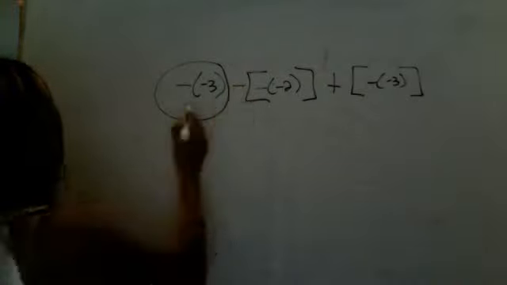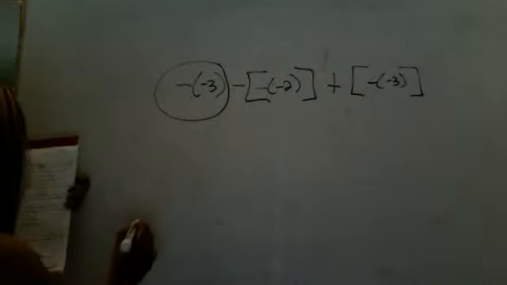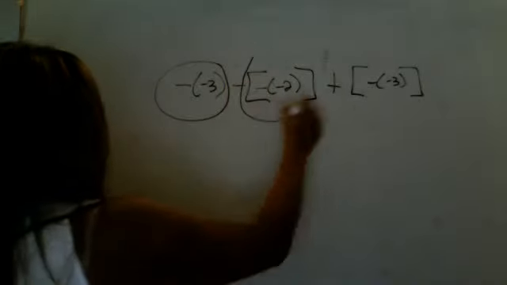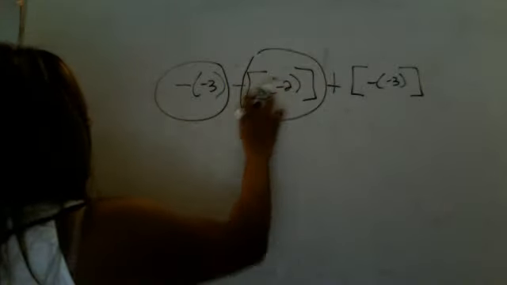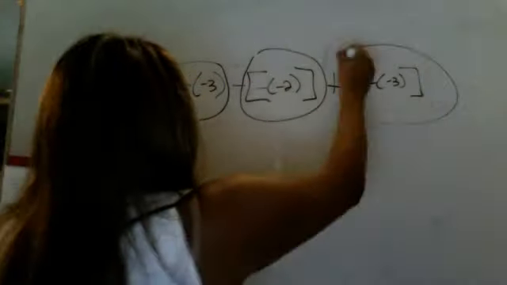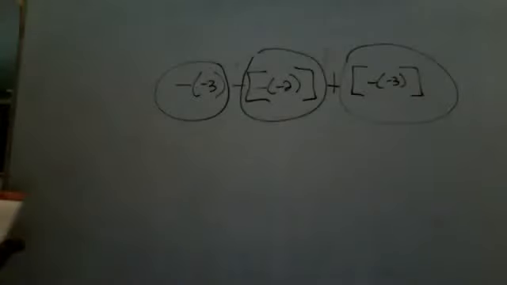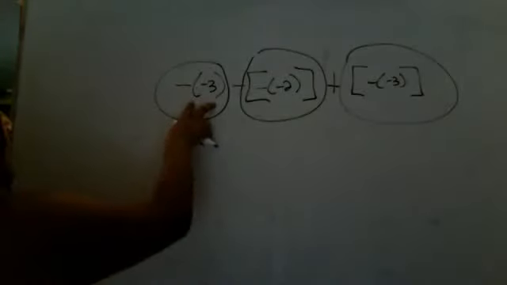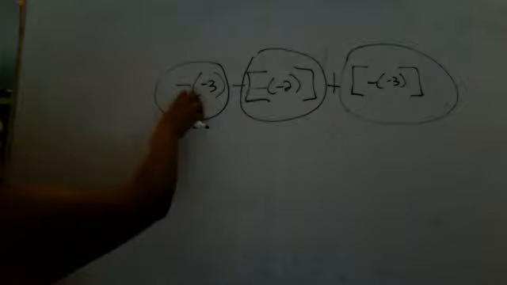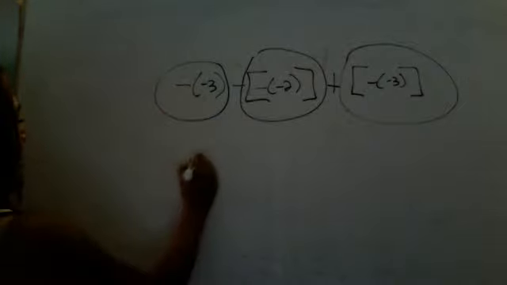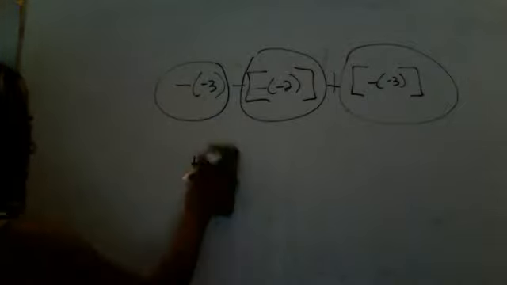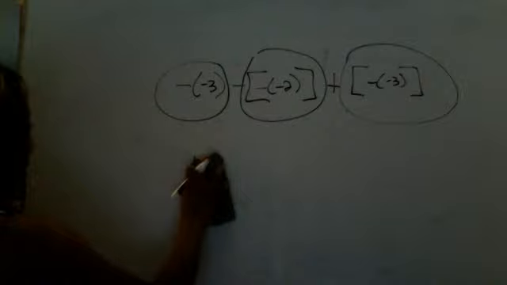So we're going to keep that like that. We're going to circle this, which goes all together because it's all by multiplication. We're going to circle all the brackets and parentheses. So now I've got these two. Simply, I have a negative 1 times a negative 3. It's going to give me a positive 3.